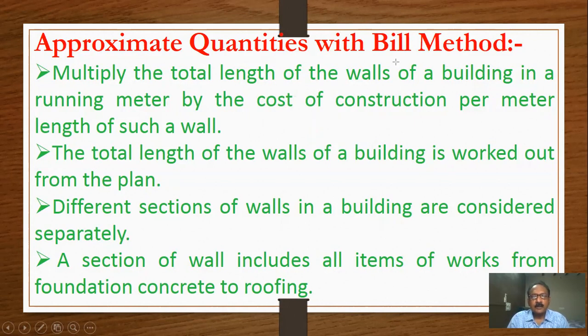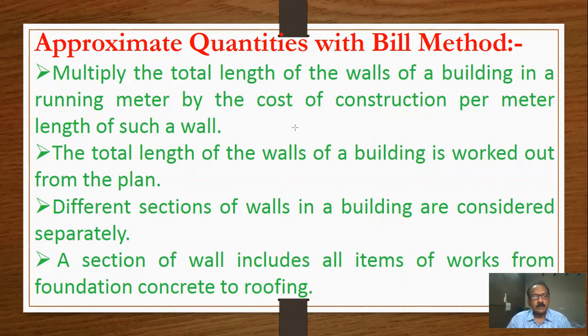Here, this is the meaning of your approximate quantities, whatever it may be, for example for wall. See, the total length of the walls of the building is worked out from the plan. Suppose one individual house is to be constructed, and the owner comes to you as an engineer and asks, sir, what is the total amount I have to pay to construct this?